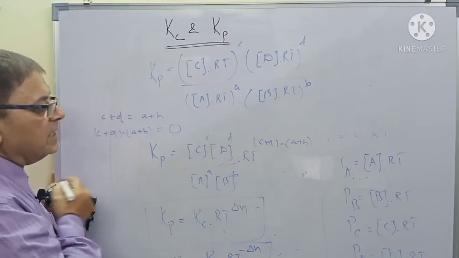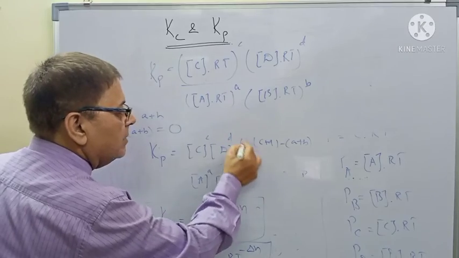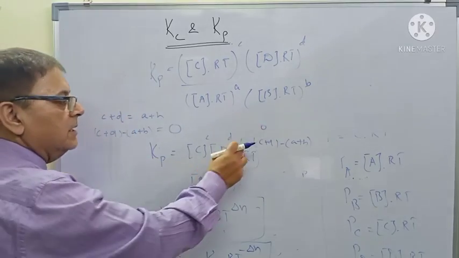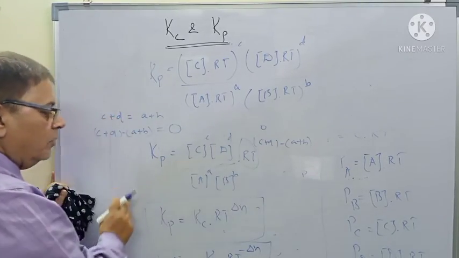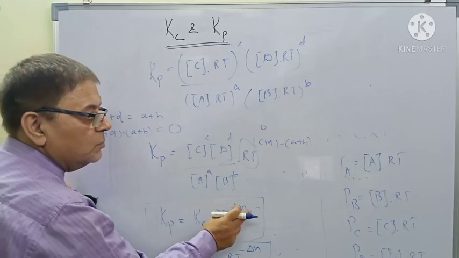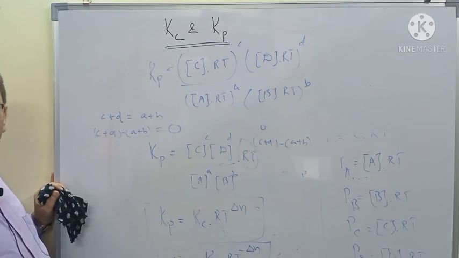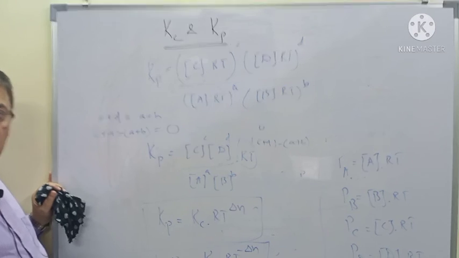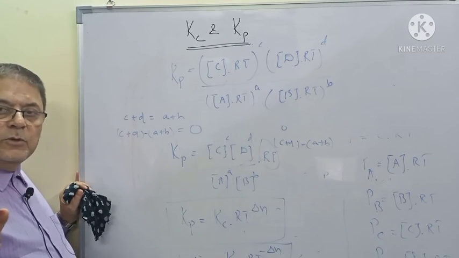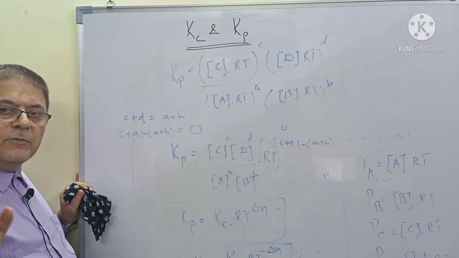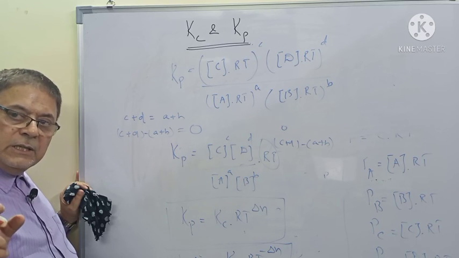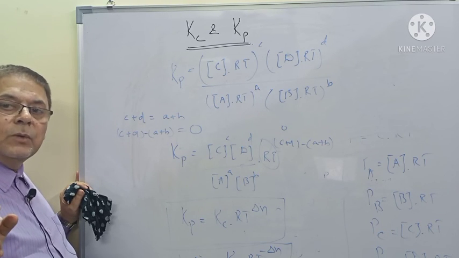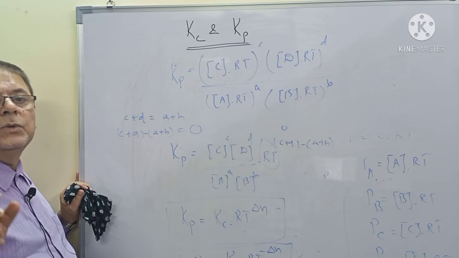In that case, this part will become raised to 0. This will become 1. Therefore, Kp will become equal to Kc. So, in those gaseous reactions where number of moles of gaseous reactant is equal to number of moles of the gaseous product, delta n becomes 0 and then Kp is equal to Kc.